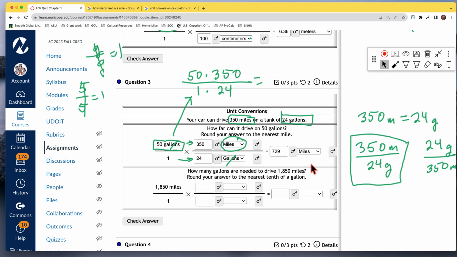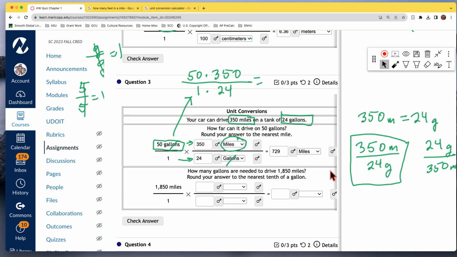And then just kind of a check. If I've got 24 gallons, this 50 is more than twice, right? 24 plus 24, that's 48. So I should be able to go about twice as far. Twice 350 is 700. And then actually I've got 2 extra gallons anyway.